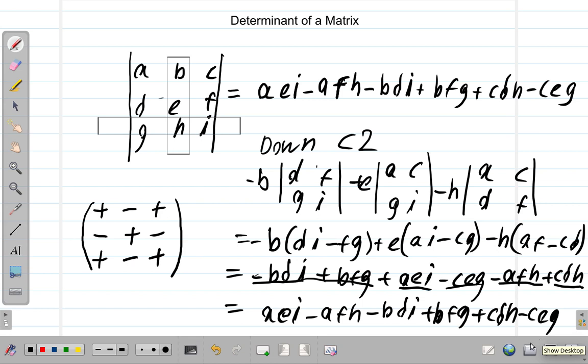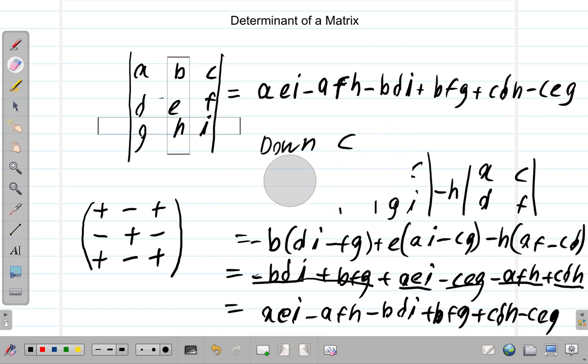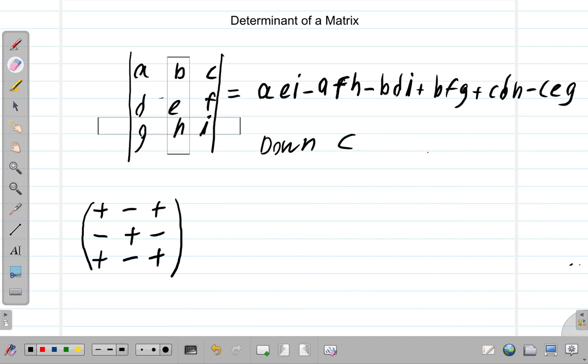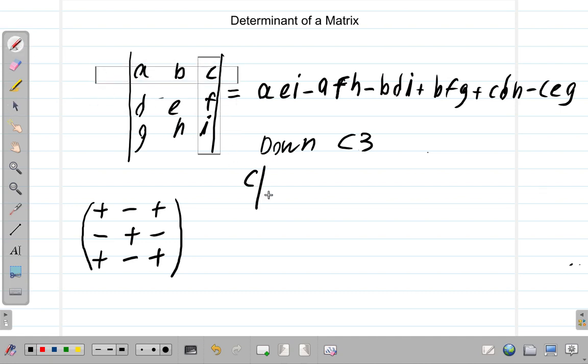Let's expand down column 3 and see if that would also be the case. So what we do, we cover column 3 and we start up here, we're covering C. So we have C times uncovered elements D, E, G, H. C is positive, it's in the corresponding position here.